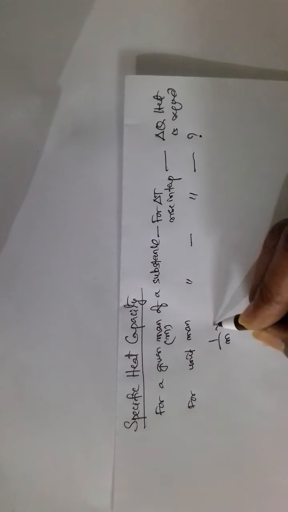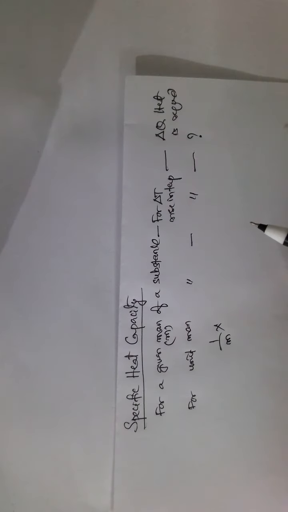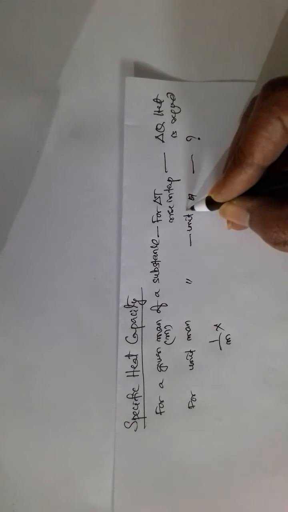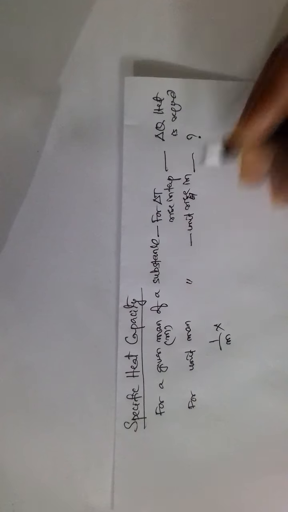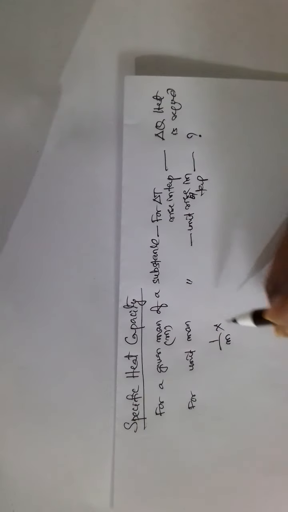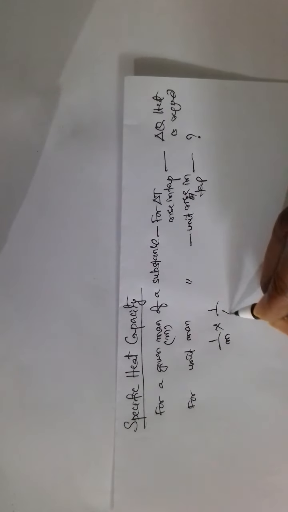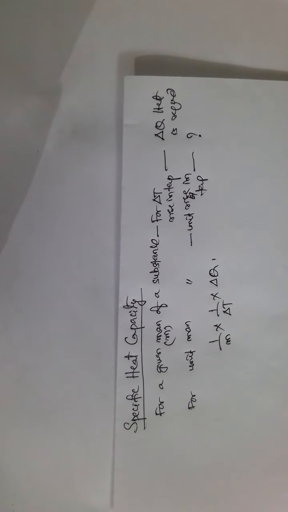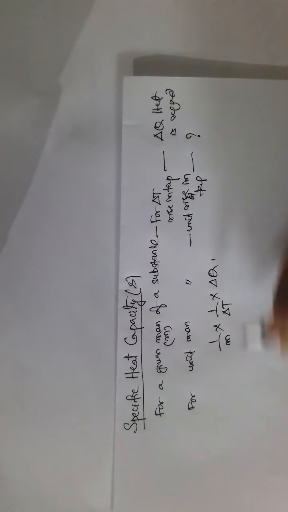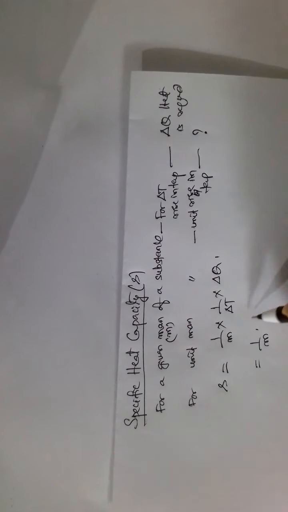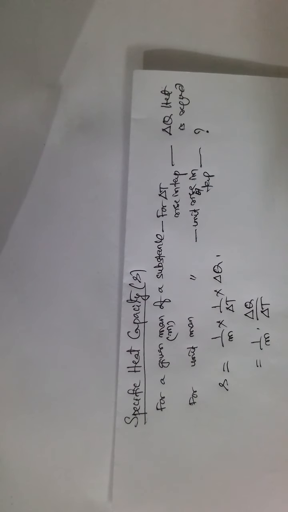So 1 by M into 1 by delta T into delta Q. So this much energy is required, and this is called as specific heat capacity. Say 1 by M delta Q by delta T.